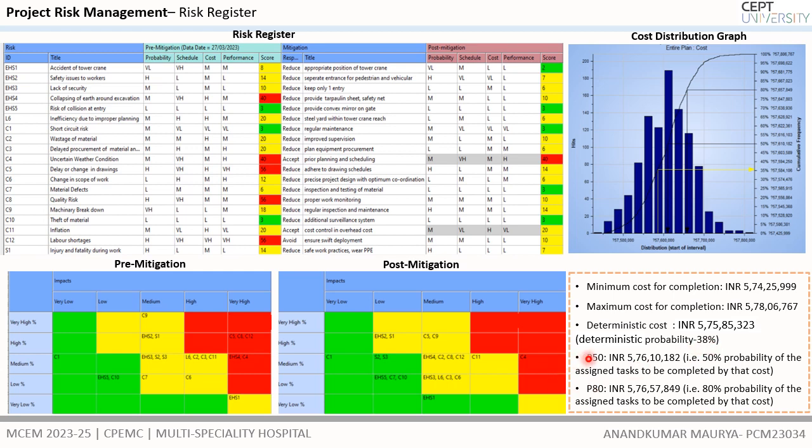And there are also two lines showing the 50% probability and 80% probability cost, where with 80% probability that the assigned task will be completed by the cost, it could be completed within 5 crore 76 lakh.